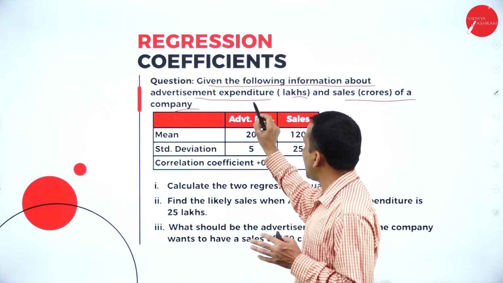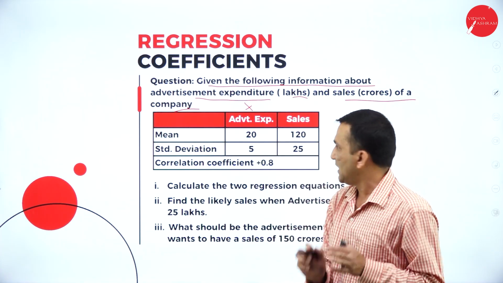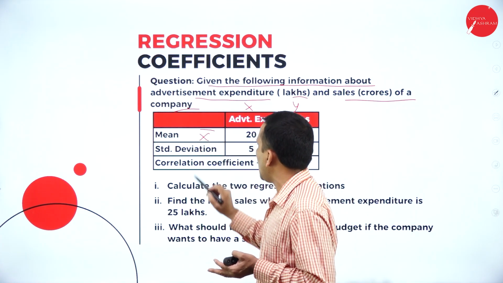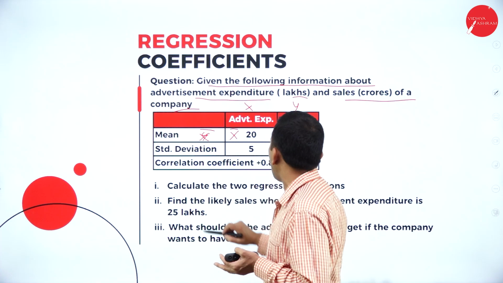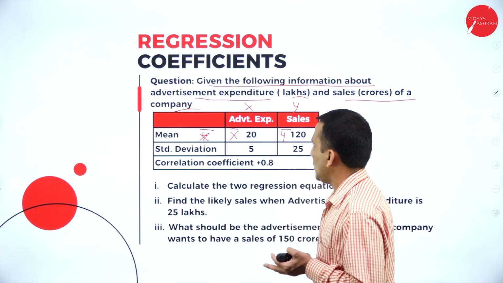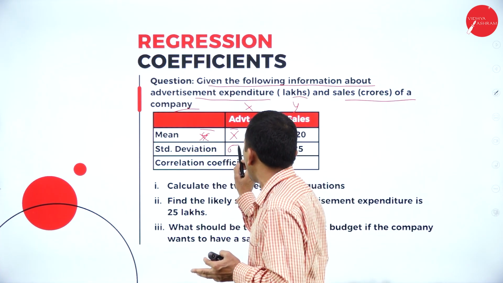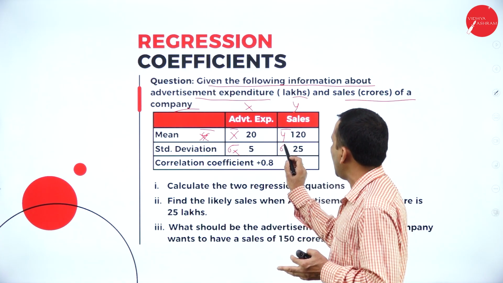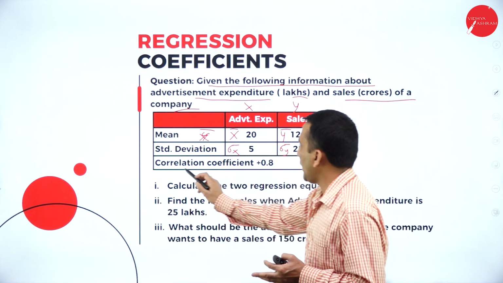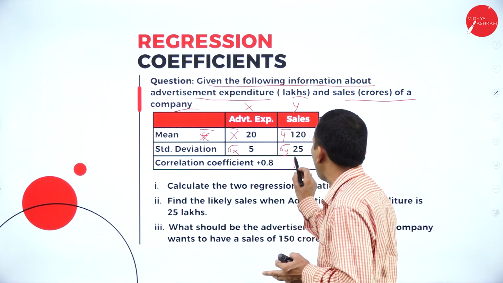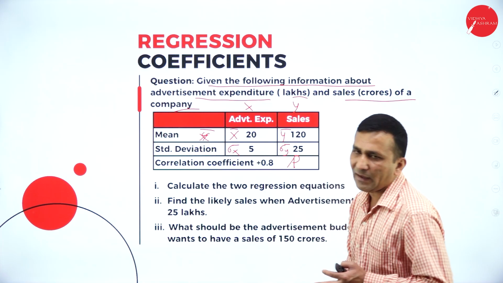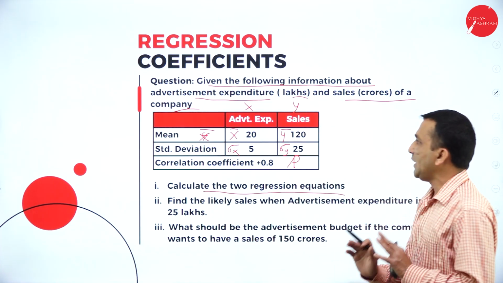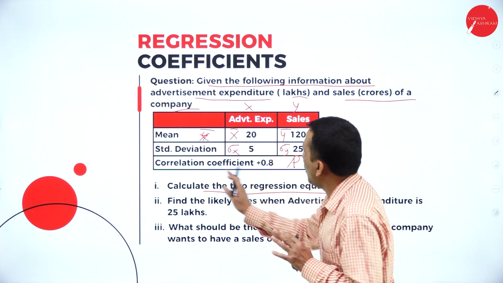Advertisement expenditure we consider as x, and sales as y. The means are also given, x bar and y bar, and the standard deviations are symbolically written for advertisement x and sales y. The correlation coefficient, which is nothing but the r value, is given. Now you need to calculate the two regression equations with this information.